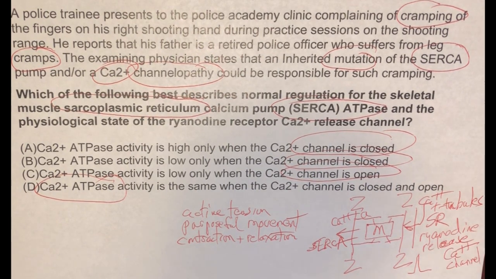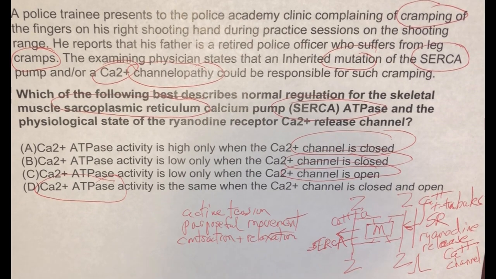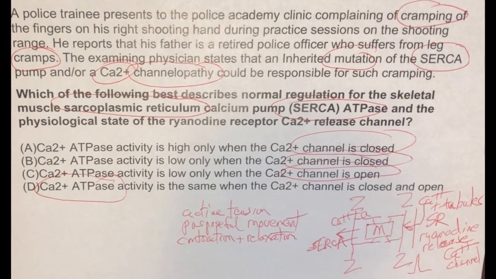Even though it's always acting, it's not effective during depolarization. It's only effective when the depolarization stops. So relaxation is really initiated from the motor nerve that stops depolarizing the sarcolemma and T-tubules, and therefore stops the calcium release, so that now the SERCA pump can be more effective at removing the calcium and causing the relaxation.